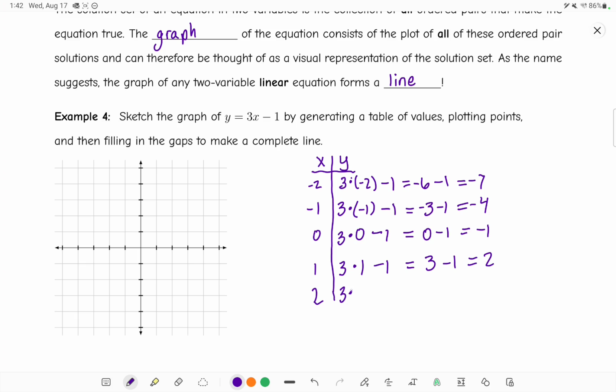And then 3 times 2 minus 1 is 6 minus 1, which is 5. I want you to notice how the y values change with respect to how the x values are changing.